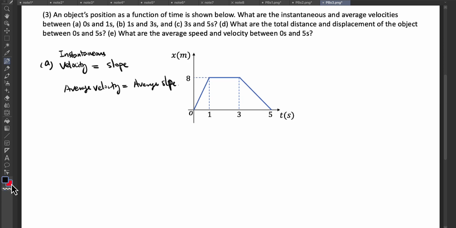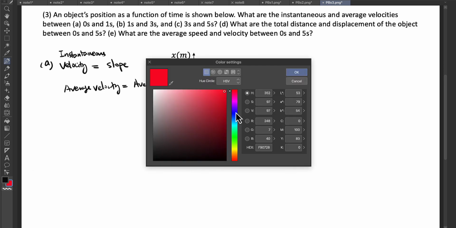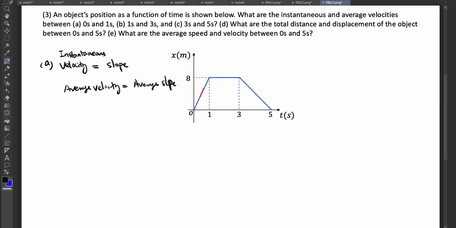Now if I draw that for, let's say, instantaneous velocity at one instant, it will coincide with the average slope. So they're actually the same, and that's why there's no difference in this case.